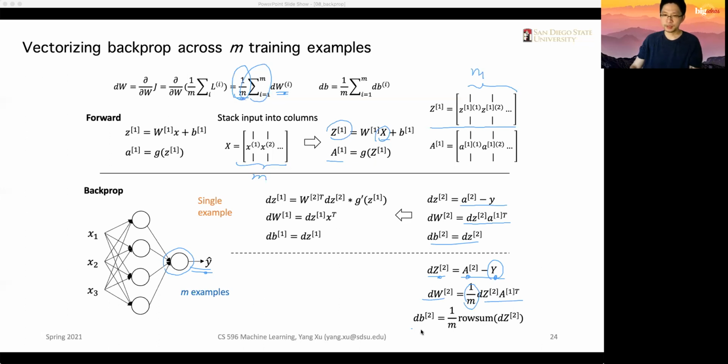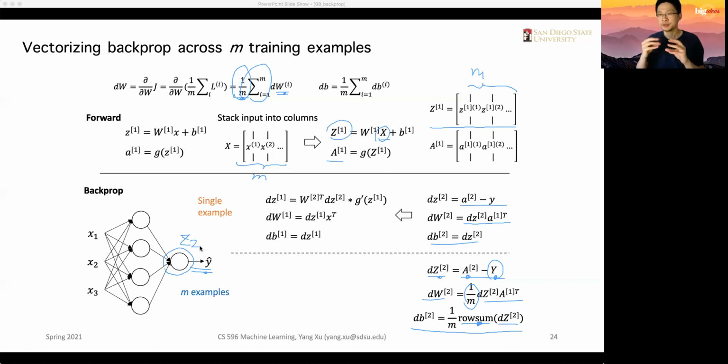And db is basically, because the dz is a very long row vector, we should sum up all the elements in each row. It's more or less the same as a normal summation for dz2 because z only has 1 unit, right?